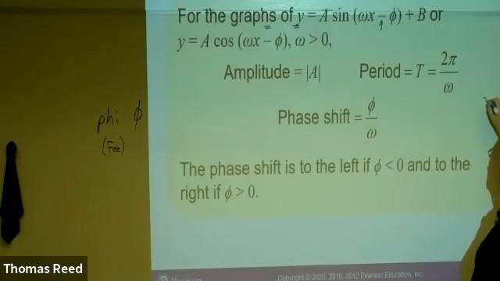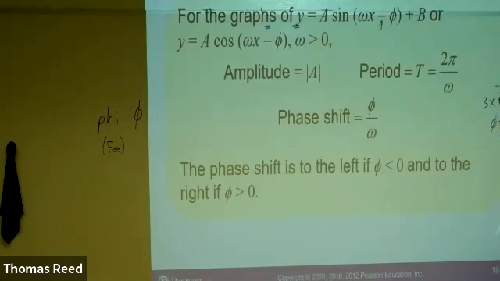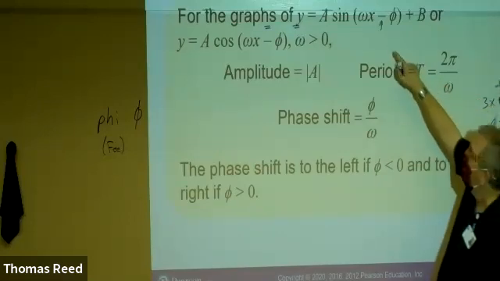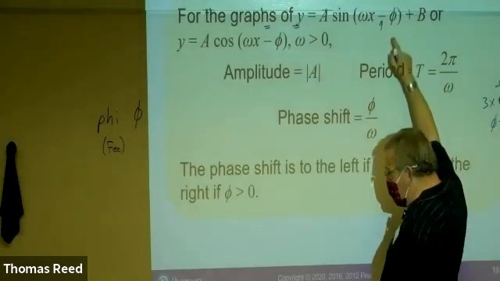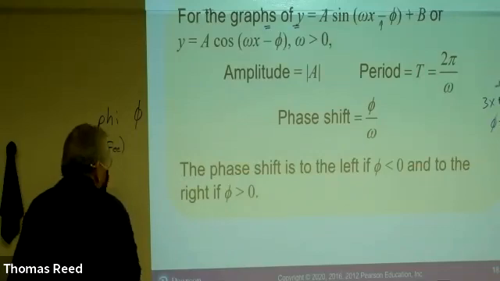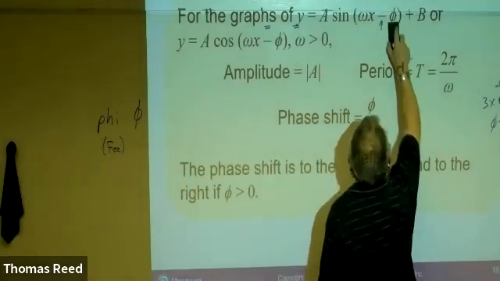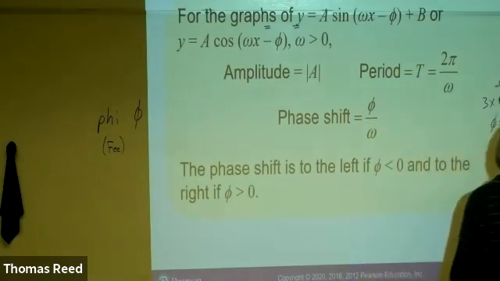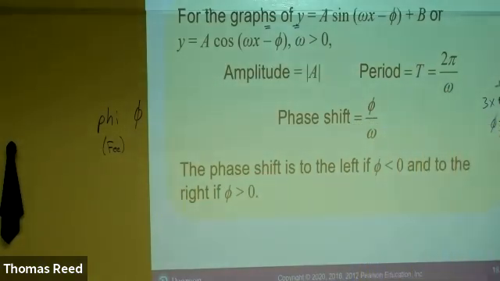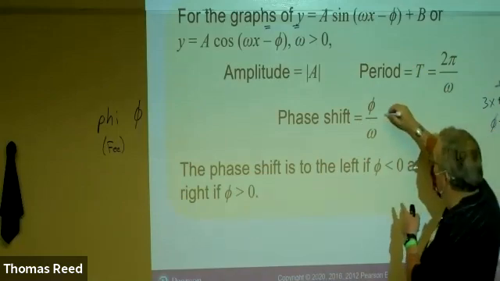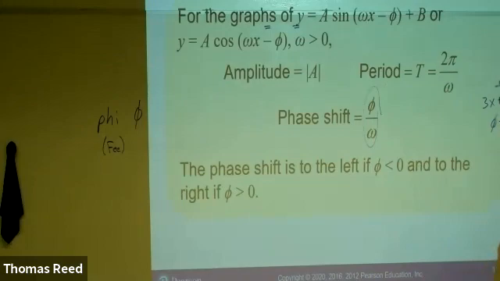So if you have something like 3x plus 7, then that means phi is -7, because we're subtracting what phi is. So that's something to be aware of. And that means that's a horizontal shift. That means we're shifting our x values by -7 units. Or actually by -7 over omega units.